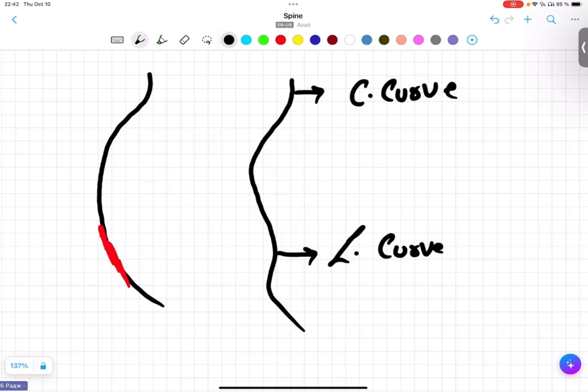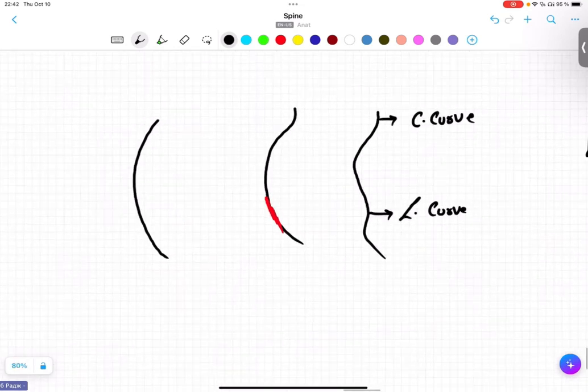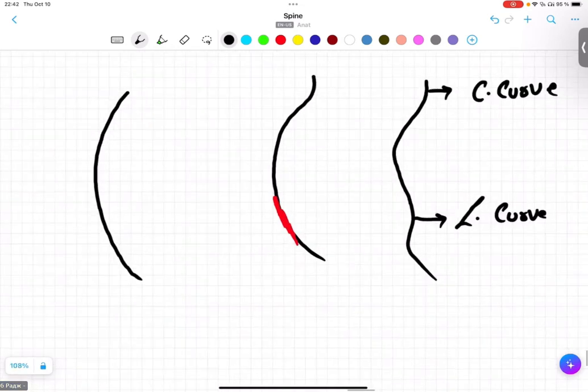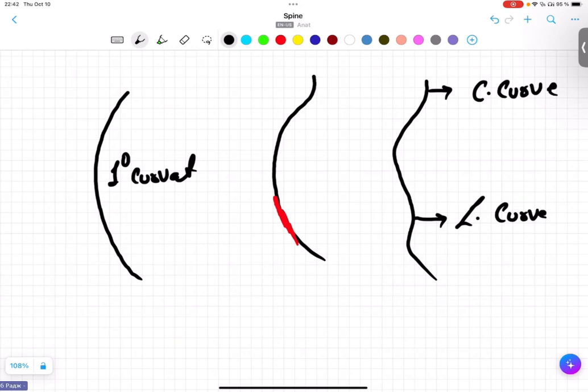Now this is just the story part. Now see, how do you understand this? The curve that you are born with is known as the primary curvature. The curve that you make after birth is known as the secondary curvature. Primary curvature has another name, kyphosis, and the secondary curvature is called lordosis.